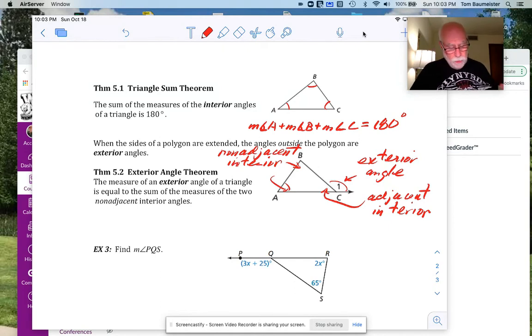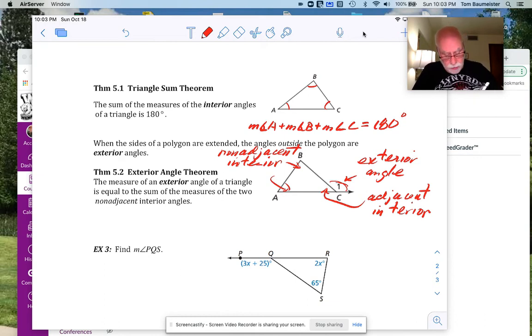Okay, so it says the measure of an exterior angle of a triangle, so that would be this angle 1 here, is equal to the sum of the measures of the two non-adjacent, so that means the ones farthest away from the outside one, interior angles.